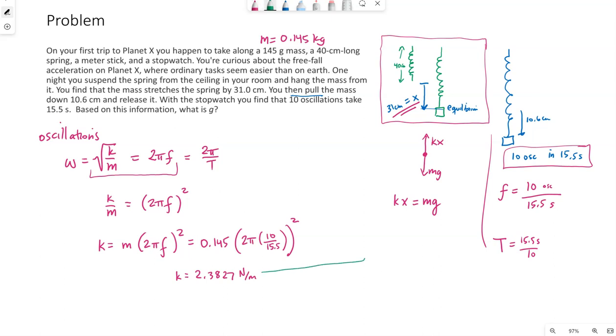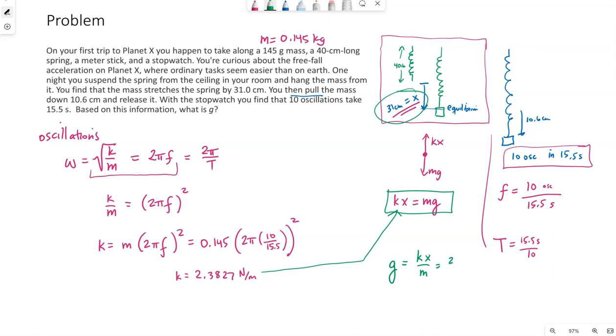Now we can come back here. Solving this equation for g, I'm going to have kx over m. This x is specifically the distance the spring stretched to this new equilibrium position.